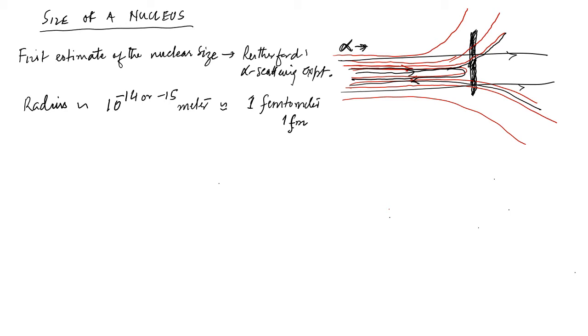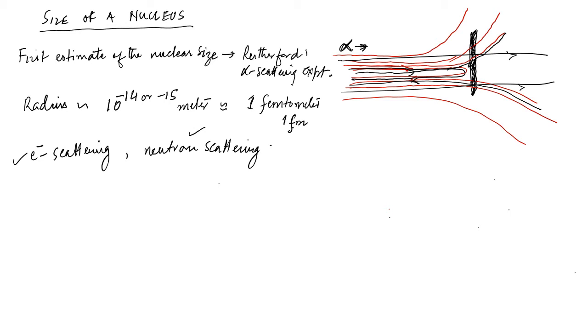After Rutherford, many other scattering experiments were planned and done, among which are electron scattering as well as neutron scattering. So what is the benefit of electron scattering and neutron scattering?